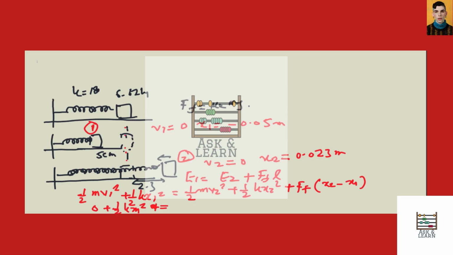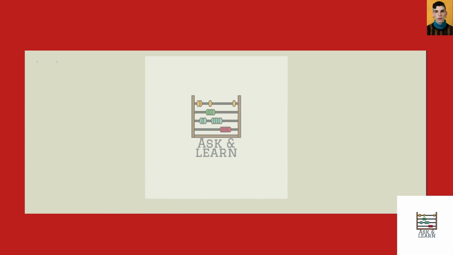And on the right hand side, the velocity is 0 again at this point, so this is 0 plus half k x2 squared plus mu k mg, as we have seen, the force of friction, times x2 minus x1. So we'll solve that on the next page.